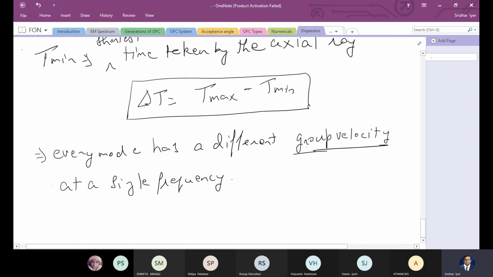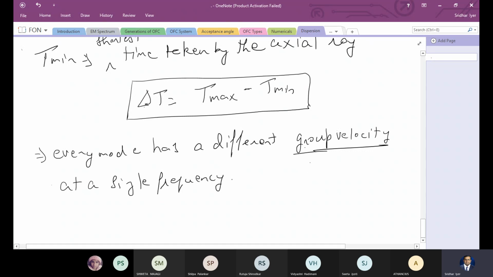But this group velocity basically means that if you have multiple modes which are traveling inside the fiber, then the velocity or the speed of a group of these modes will give you the group velocity. Of course, it also has a particular equation for itself, and we'll see how we can define this group velocity.